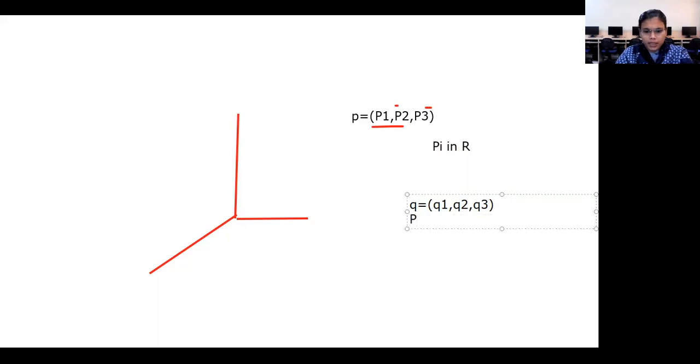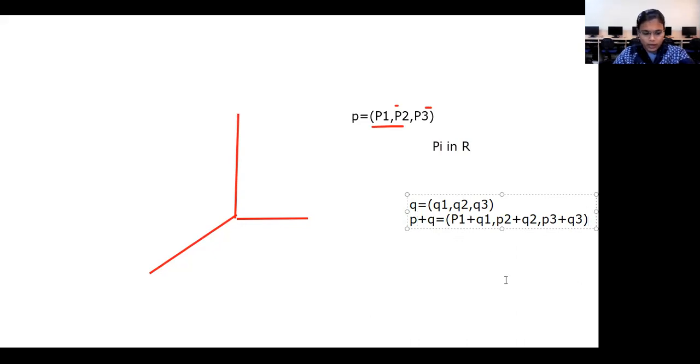We can write P plus Q is equal to a simple coordinate-wise addition, that is P1 plus Q1, comma, P2 plus Q2, comma, P3 plus Q3. So this will give the addition of any two vectors.